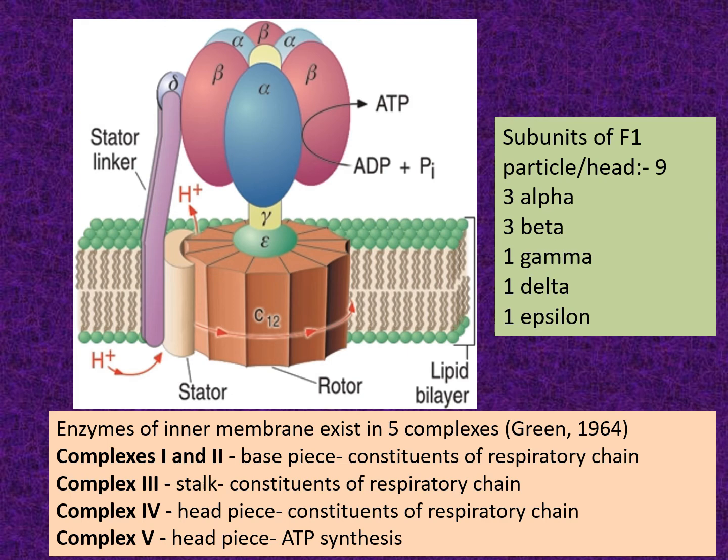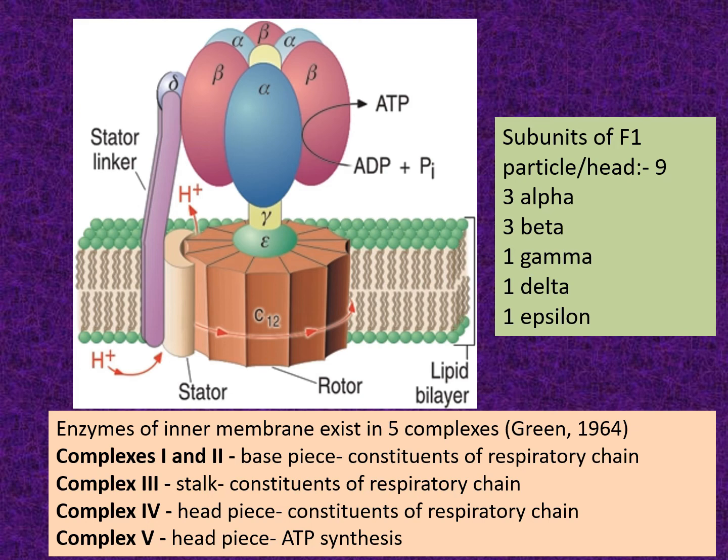Complex 3 is in the stalk region. Complex 4 and 5 are in the head region. So complexes 1 and 2 in the base piece, complex 3 in the stalk, complexes 4 and 5 in the head region.